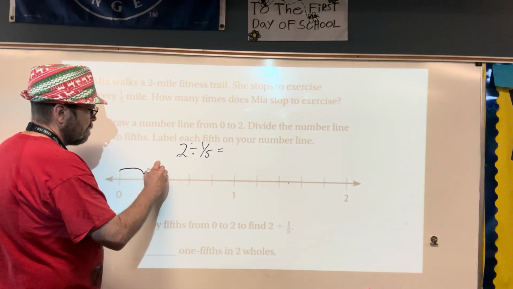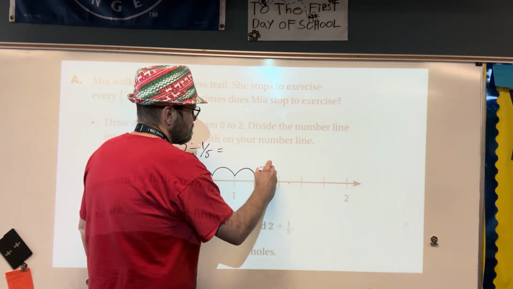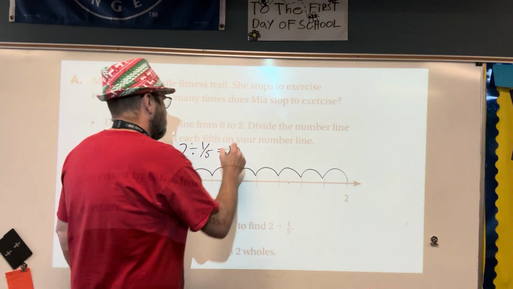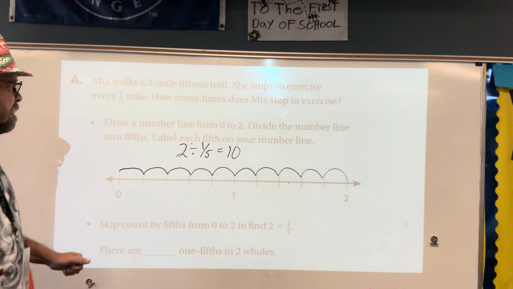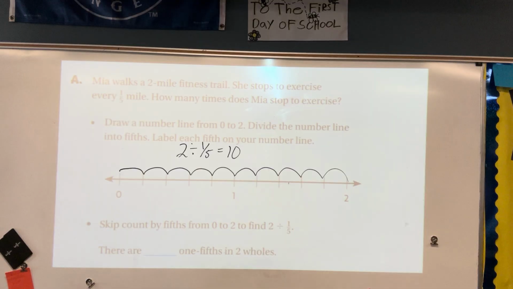So we go 1, 2, 3, 4, 5, 6, 7, 8, 9, 10. So my answer is 10. She stops to exercise 10 times. So there are 10 1/5s in 2 wholes. So 2 divided by 1/5 equals 10.